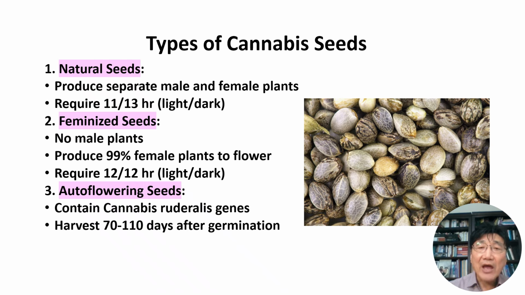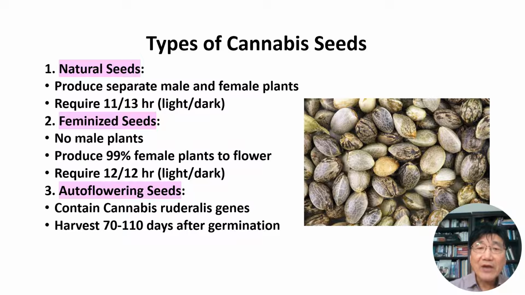There are 3 types of cannabis seeds. First, natural seeds produce male and female plants, and they require 11 hours of light and 13 hours of dark for flowering. Second, the feminized seed produces 99% female plants, and they require 20 hours of light and 20 hours of dark for flowering.